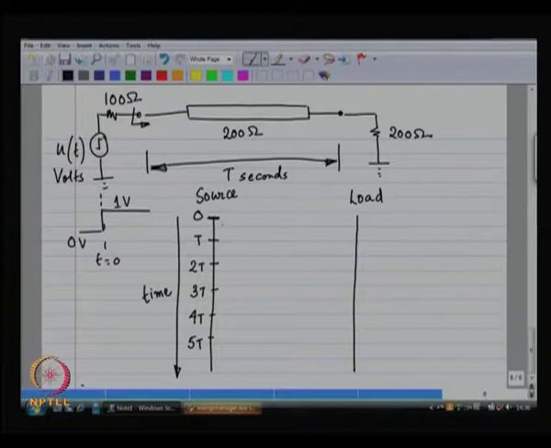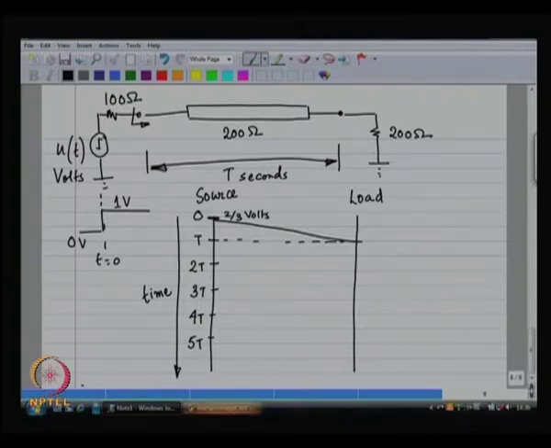So, therefore, there is going to be voltage division, and the effective wave that is going to be launched has a value of 2/3 volts. And this 2/3 volts is going to reach the load at time t.